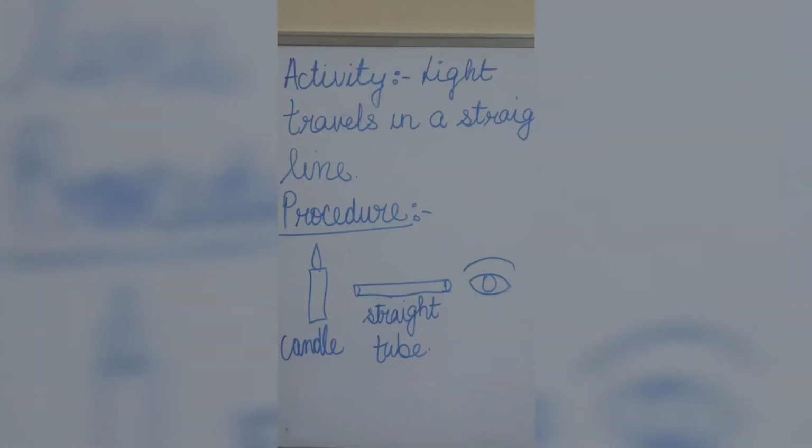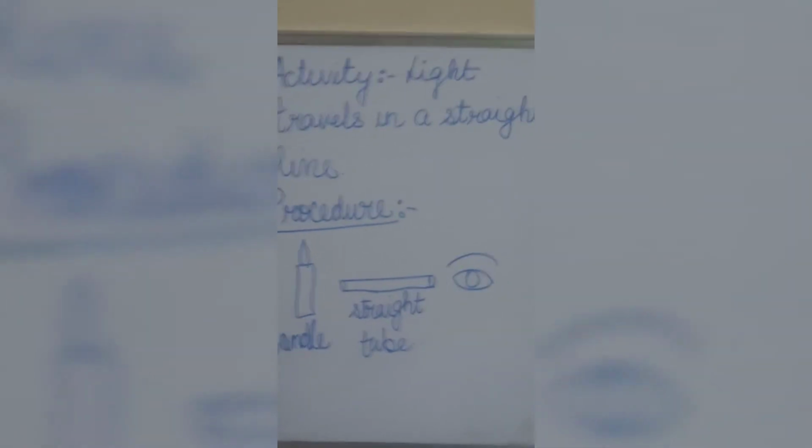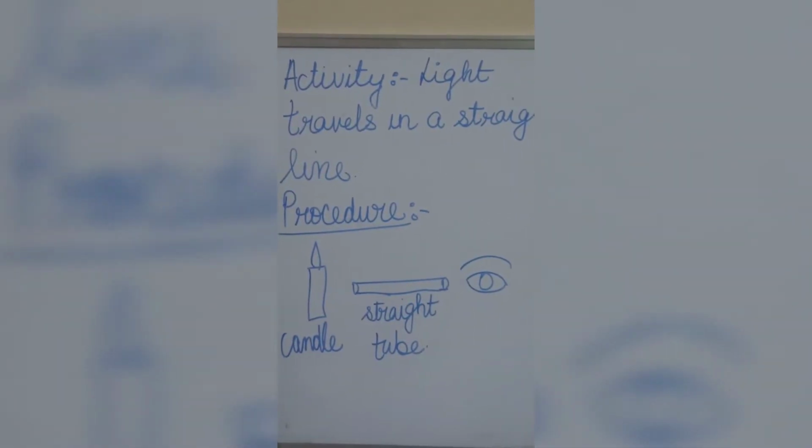Now, do you remember this activity which we had done in class 6 regarding light traveling in a straight line? Okay, fine. Let us revise what we had done. We had taken a lighted candle on a table. Then we had taken a hollow rubber tube.